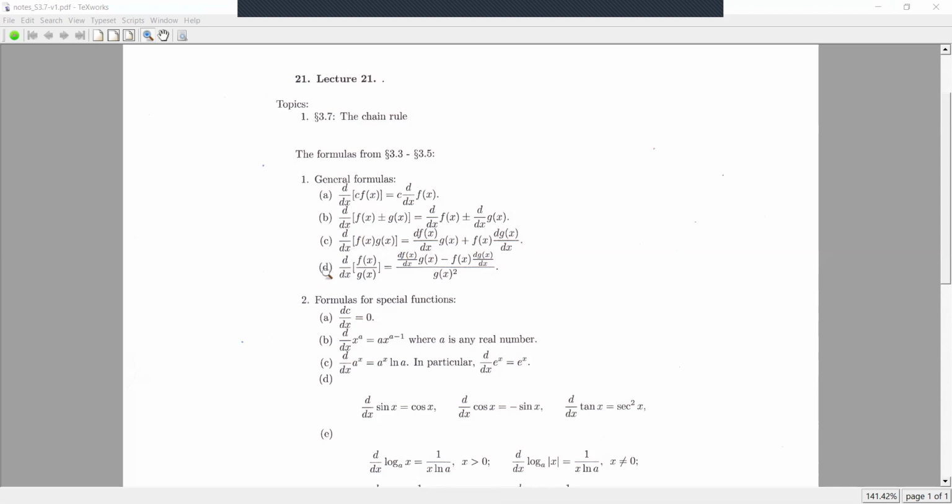Formula number 5 is the quotient formula. The derivative of a quotient is the derivative of the top function f times the bottom function g minus the top function times the derivative of the bottom function, then all divided by the square of the bottom function.